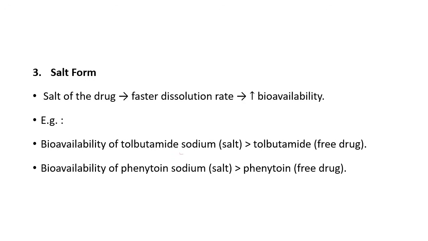Third is salt form, meaning neutralization of acidic and basic drug. The faster it gets converted into solution, the greater is the bioavailability. Example, the salt form of tolbutamide sodium has more bioavailability than its free form.